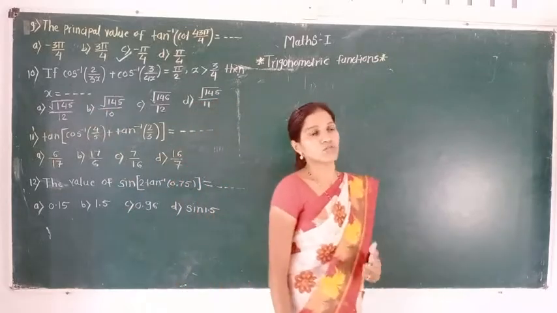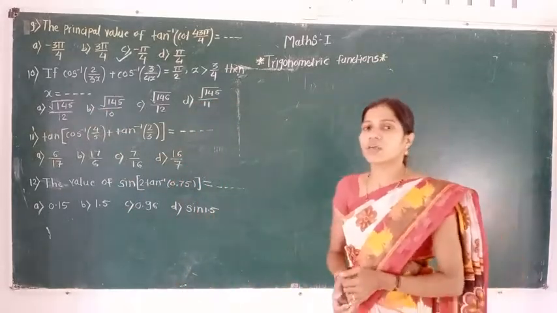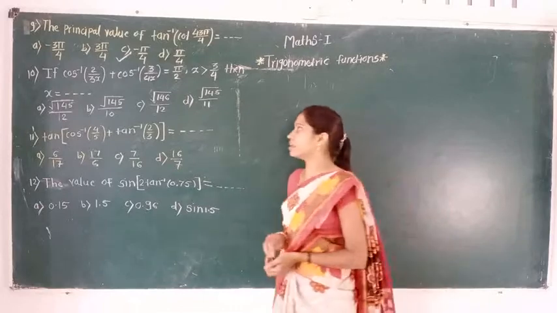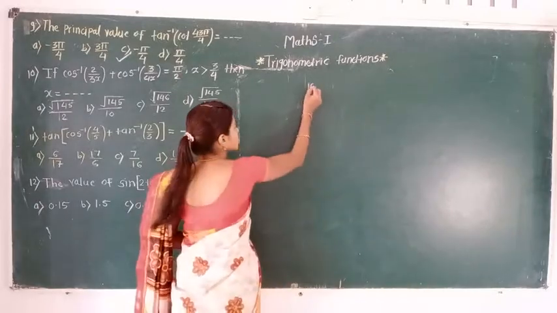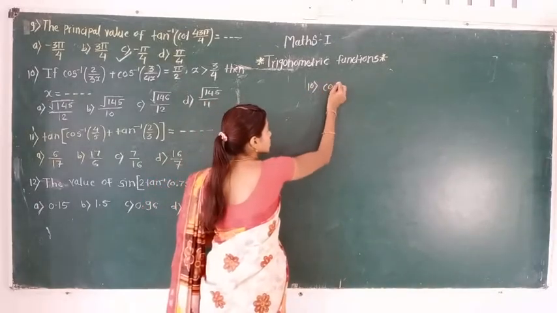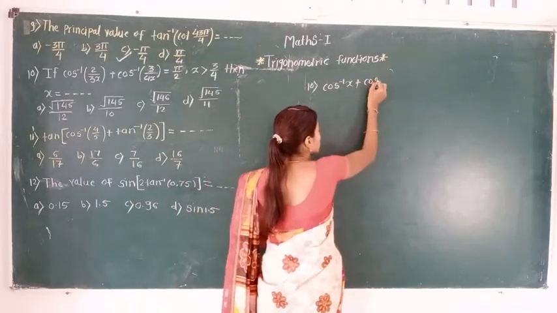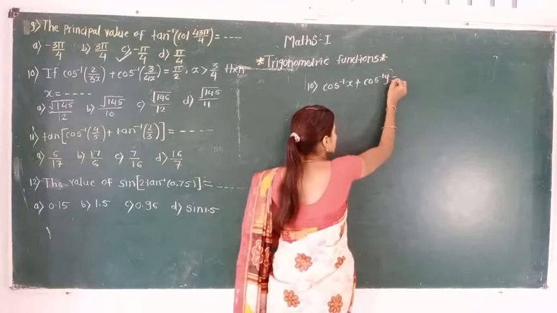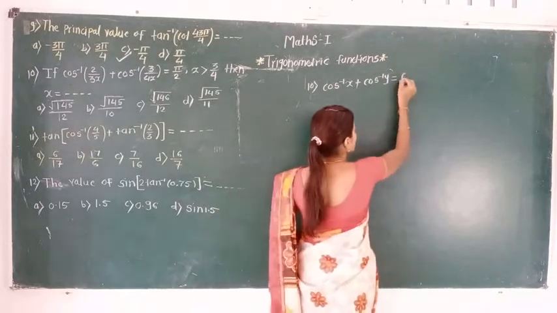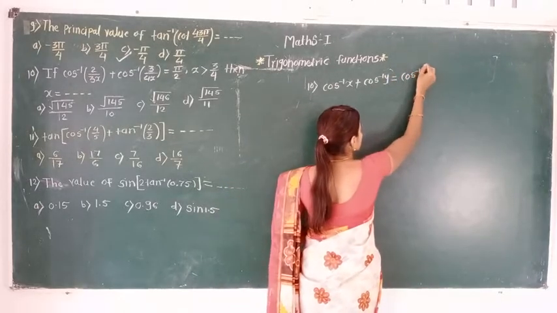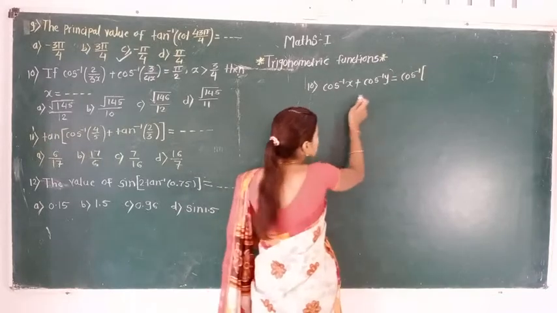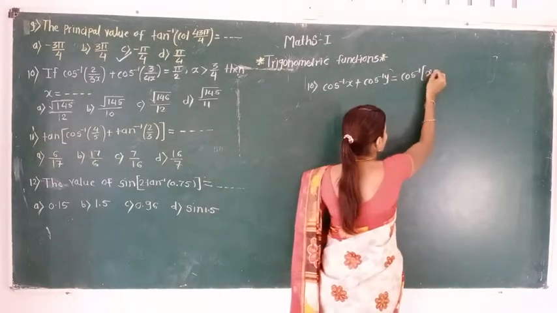So for solving this question we have to use the trick directly, and we know that cos inverse x plus cos inverse y is equal to cos inverse of the bracket, take the product of these two terms xy.